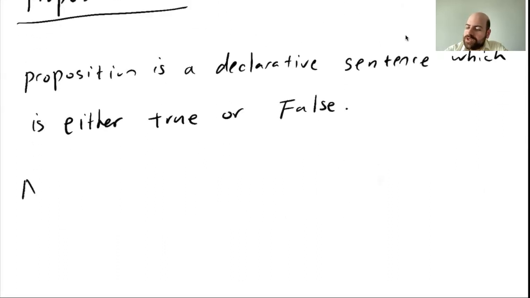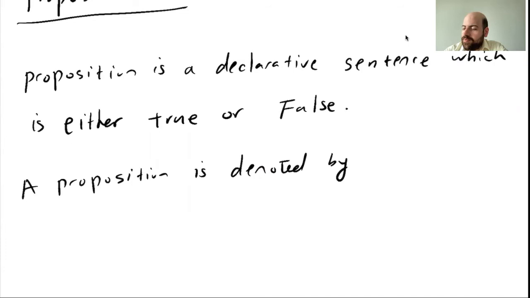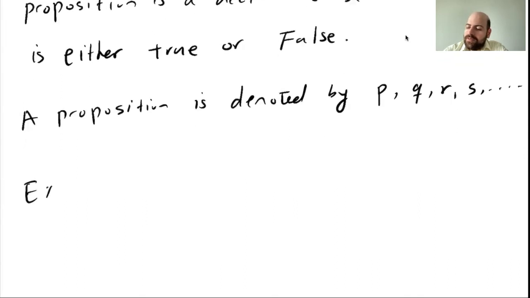A proposition is denoted by P or Q or R, S, etc. Okay, so let's look at an example.